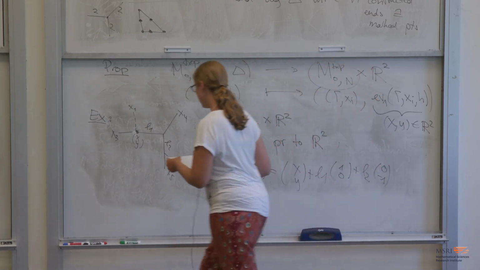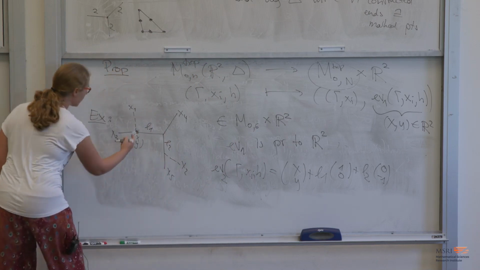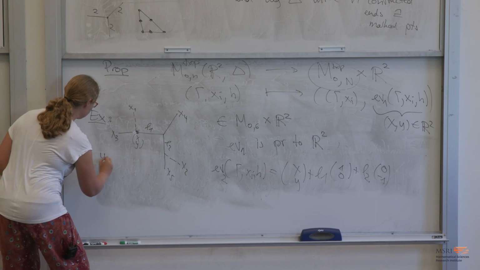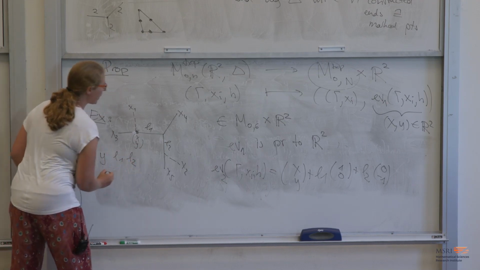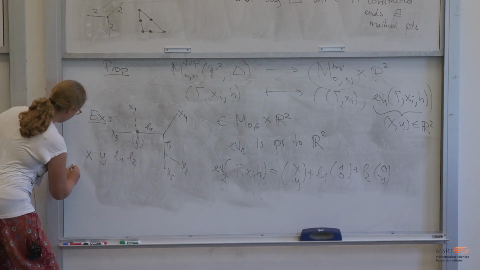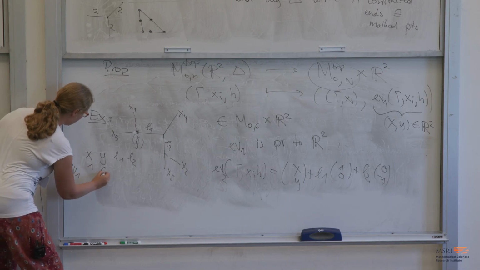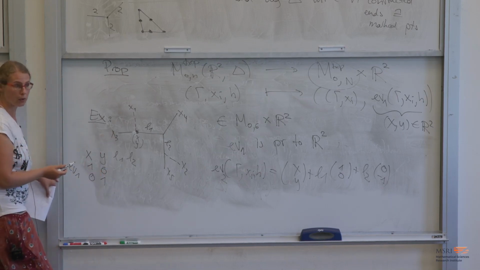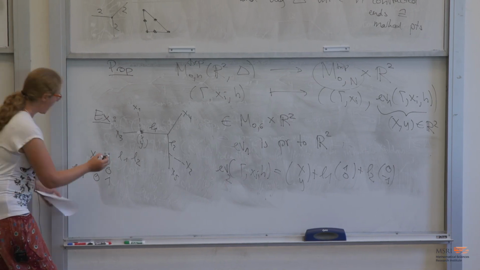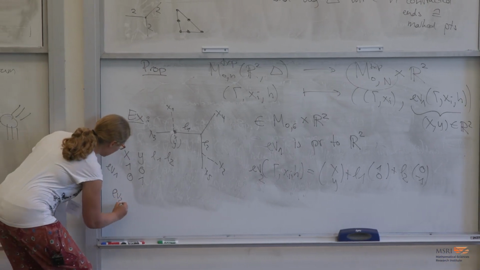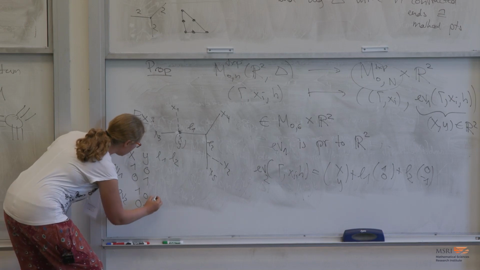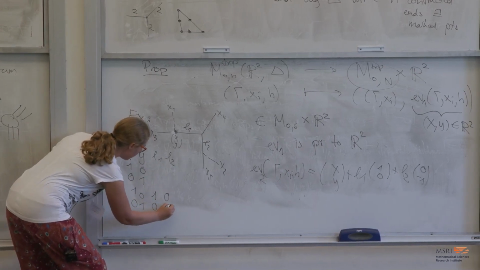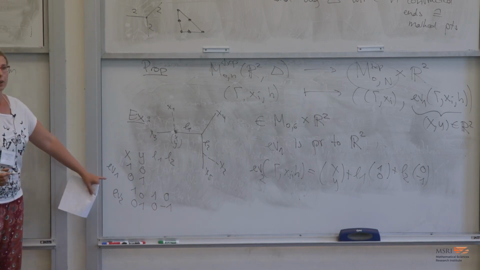So what is the matrix? I have 4 coordinates of my cone, x, y, and L1, L2, and I'm evaluating 2 points. The first point is just the identity matrix on x, y, because it is just the projection to x and y. And the second has x, y, but then plus (1, 0) times L1 plus (0, minus 1) times L2.